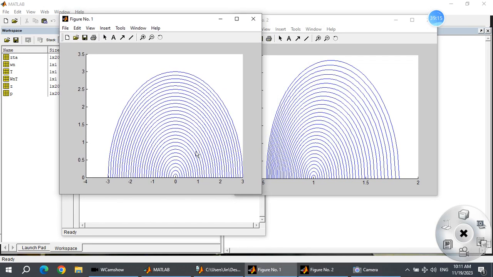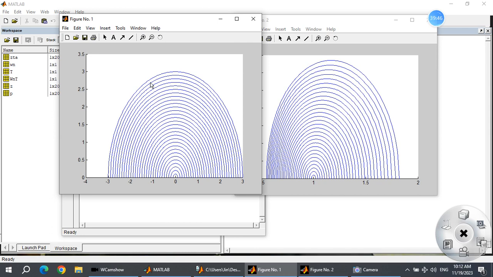Figure 1 is in the S domain, so they are regularly all circles with the same center. And now in the Z domain, still looks like circles, but somehow shifted a little bit to the right side, right? So it looks like this.